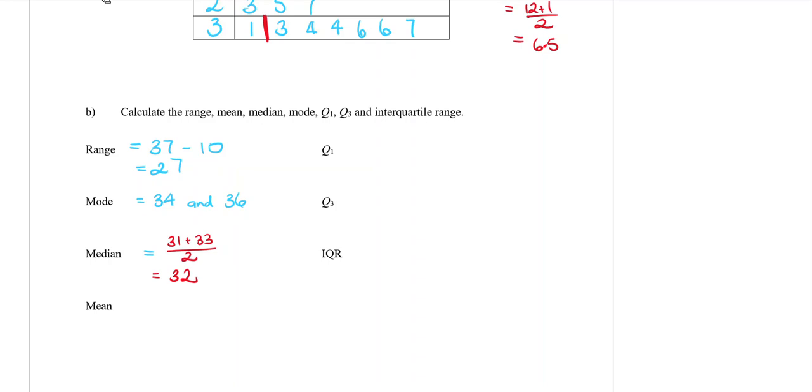Yes. Just adding up all the numbers, you should get 342. But you have to divide that, which is why I have the fraction there, by how many scores there are, which is 12. 342 divided by 12 makes 28.5.